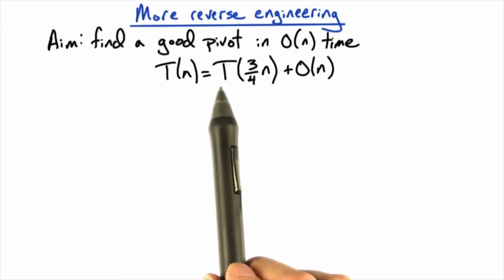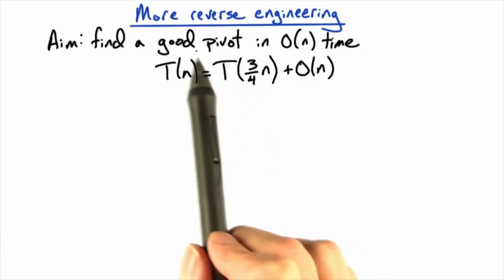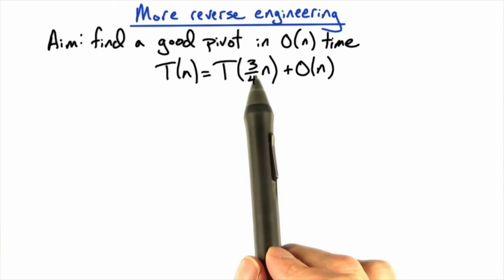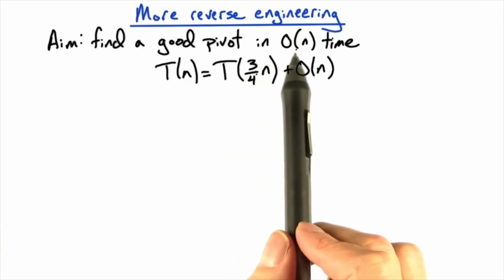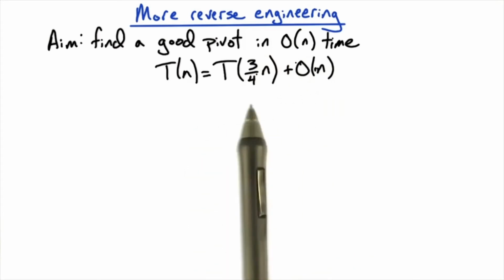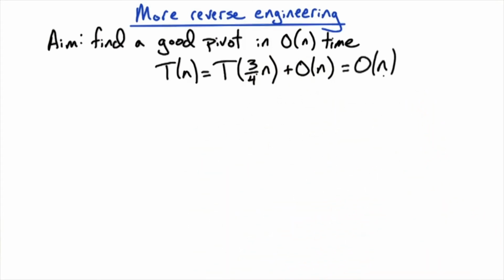T of n is at most T of 3/4 n because it's a good pivot, so the subproblem will be of size at most 3/4 the original size, plus order n to find the good pivot, and order n to partition A into the 3 sets. Now this recurrence solves to order n. So the overall running time of our algorithm will be order n.